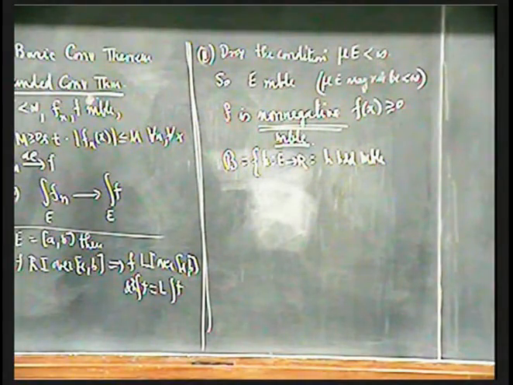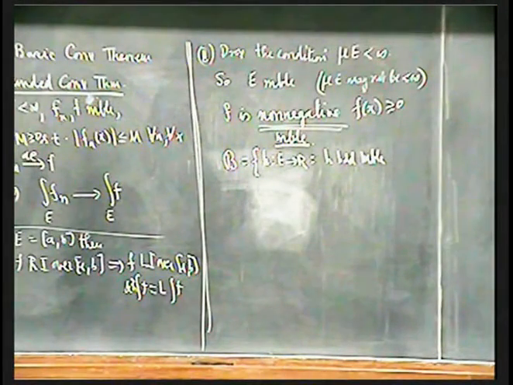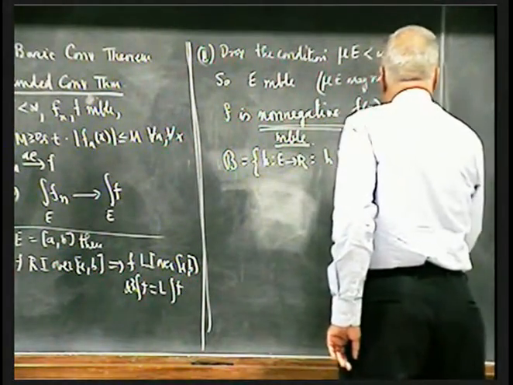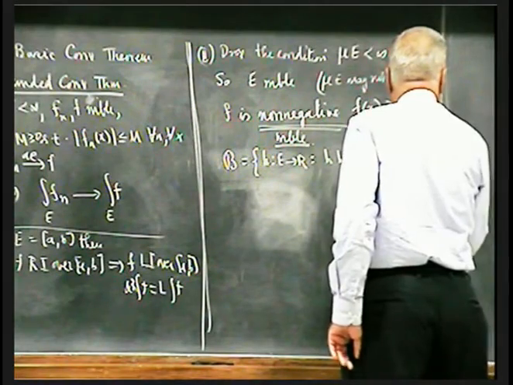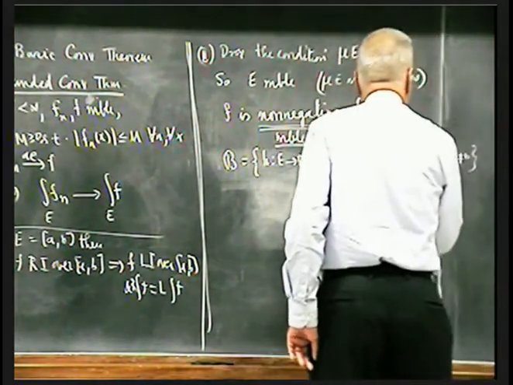E may have infinite measure, so I want h to be non-zero only on a finite measure set, so that outside it is zero, we don't care. So the set of all x in E such that h(x) is not equal to 0 has finite measure.